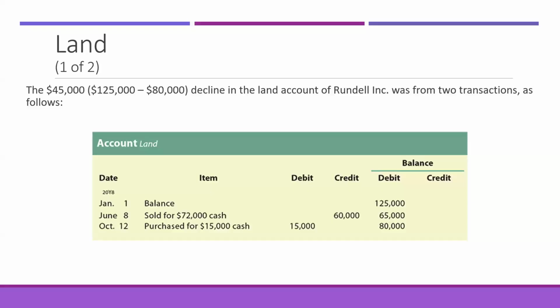It'll take away from cash flow. In the investing section, we're just going to show proceeds from sale of land, $72,000. We're not going to say proceeds from original basis of land, $60,000, and proceeds from gain on land, $12,000. It's just going to be a single line, the actual cash amount, proceeds from sale of land, $72,000.